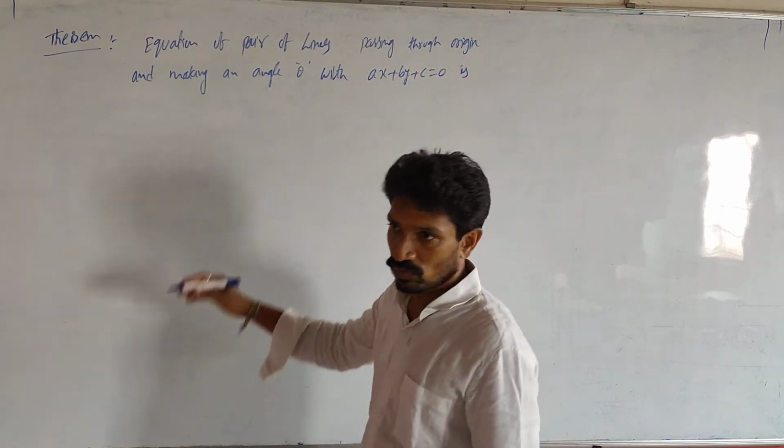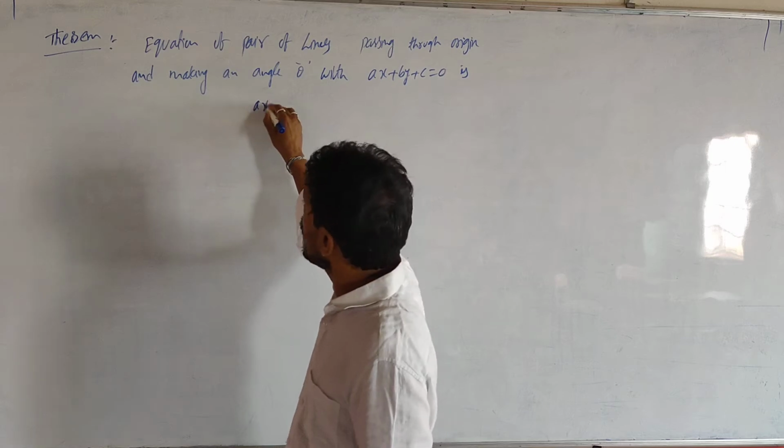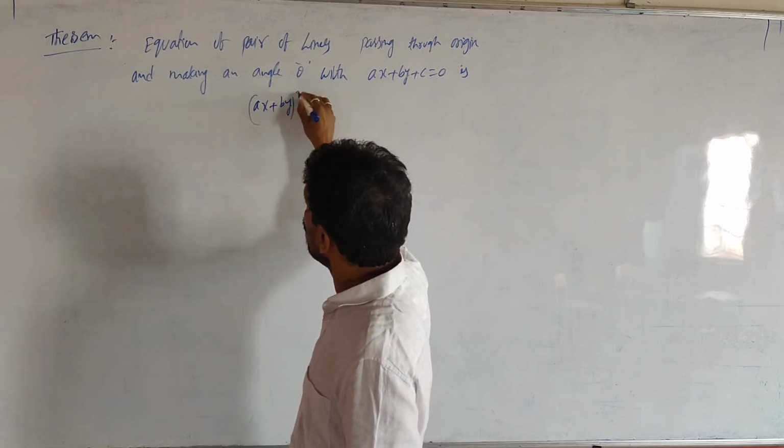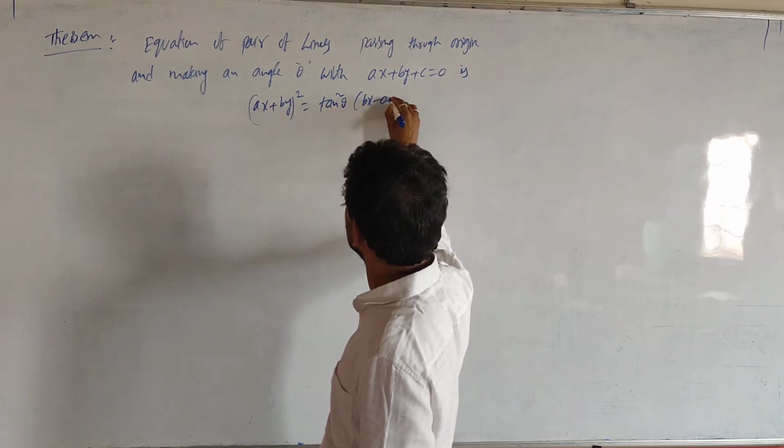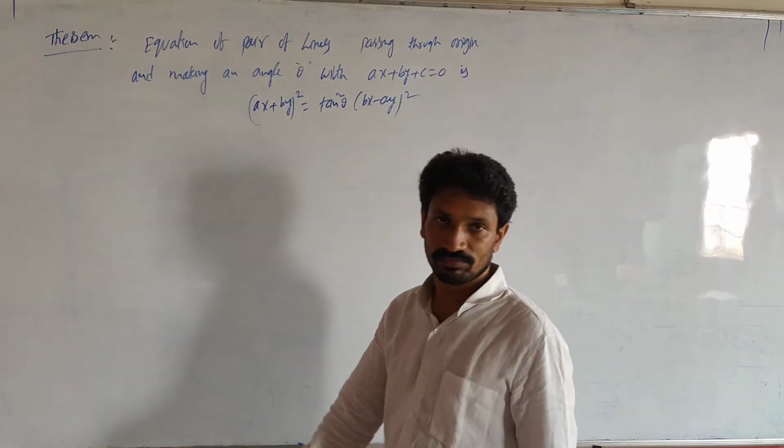It is very important: (ax plus by) whole square is equal to tan square theta into (bx minus ay) whole square.